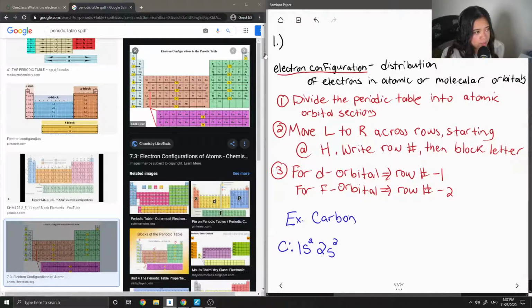So this shows the lithium and the beryllium. And then going across to 2p, and then counting up to where the carbon is. So 1, 2 is where carbon is. So the electron configuration for carbon is 1s2, 2s2, 2p2.